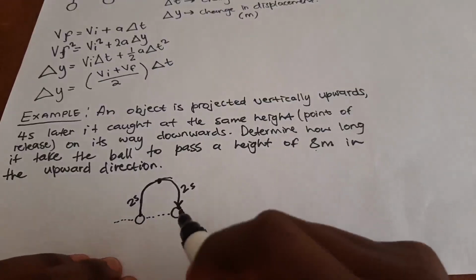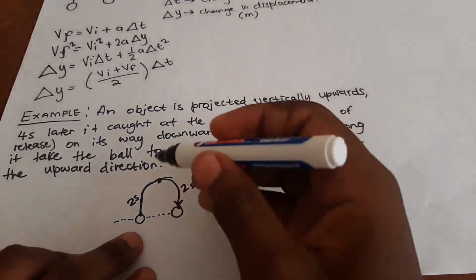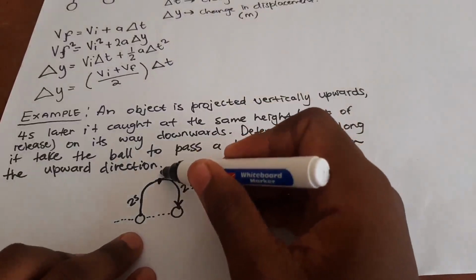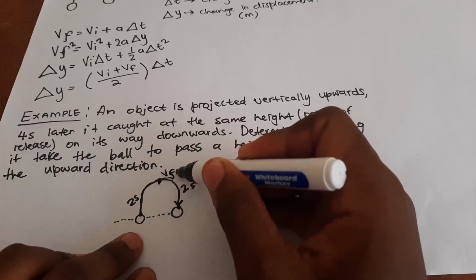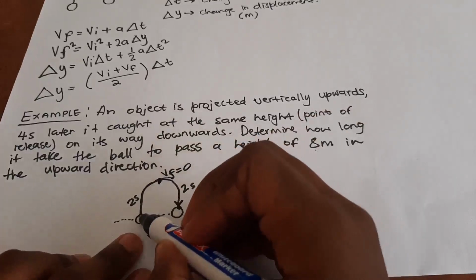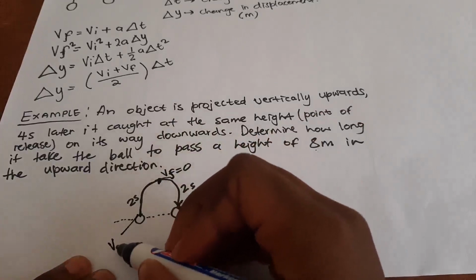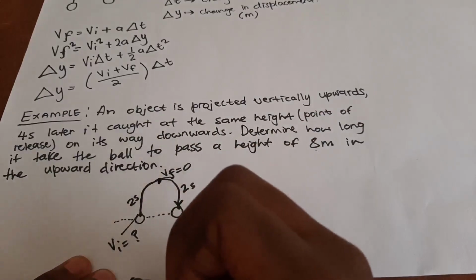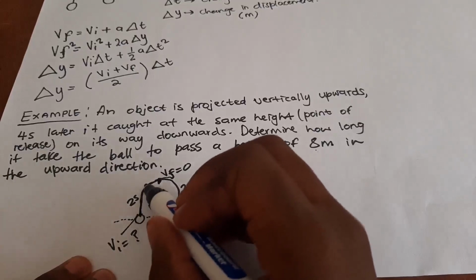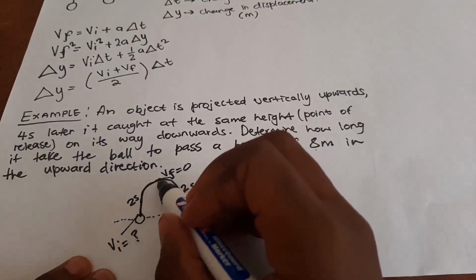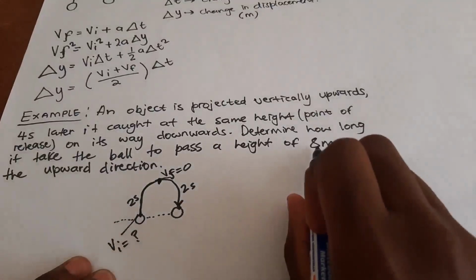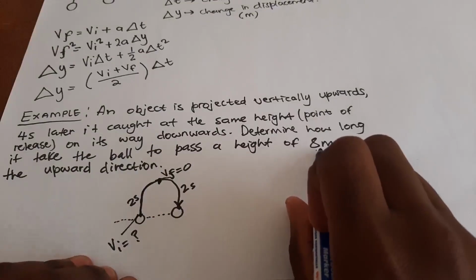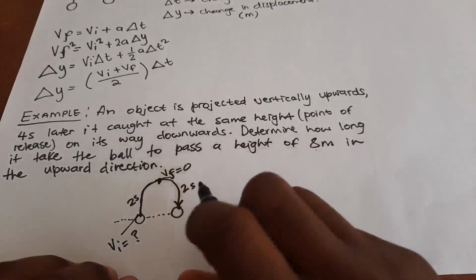Let's first look for the initial velocity because it's not given. Here we have the final velocity, which is equal to 0. The initial velocity we don't know. We have time, but we also don't have the distance from this point to that point. The whole point is to calculate how long it took the ball to reach 8 meters upwards.